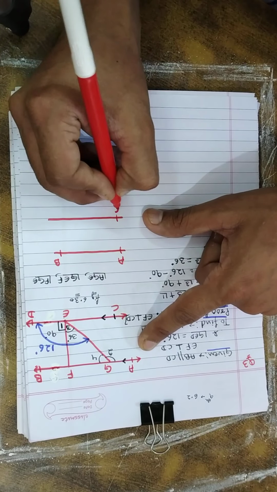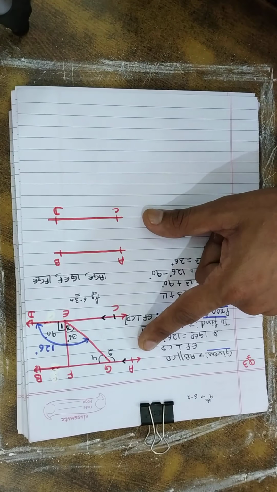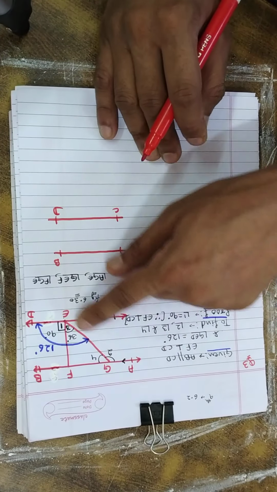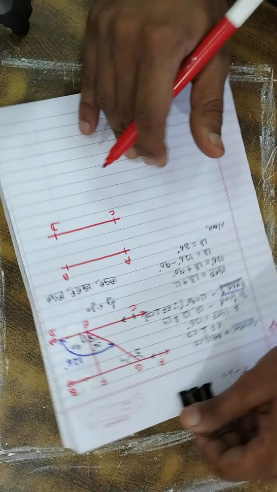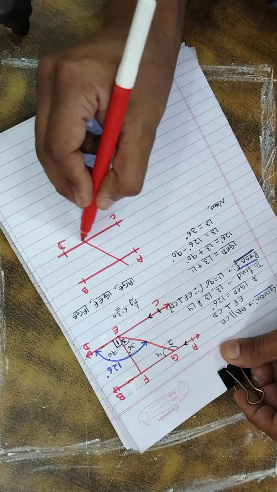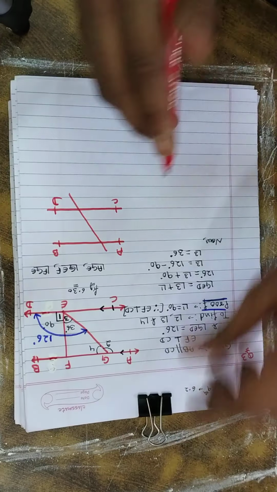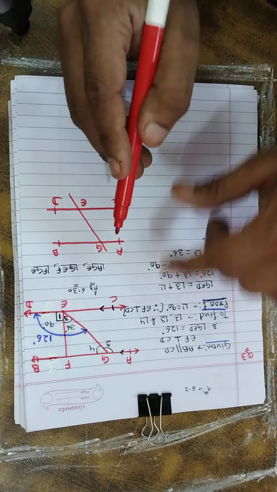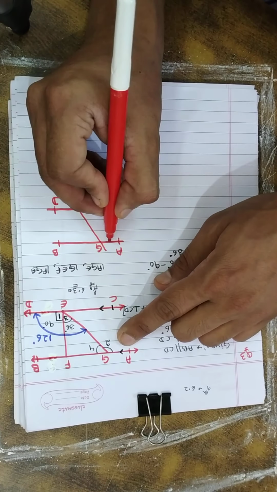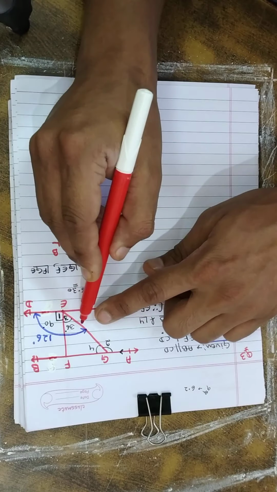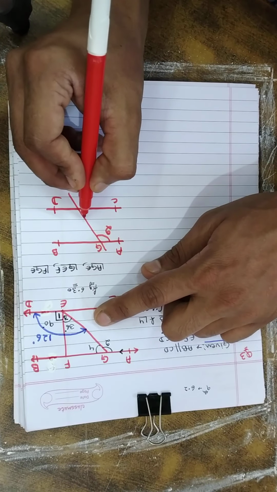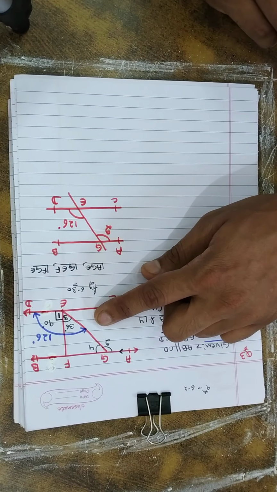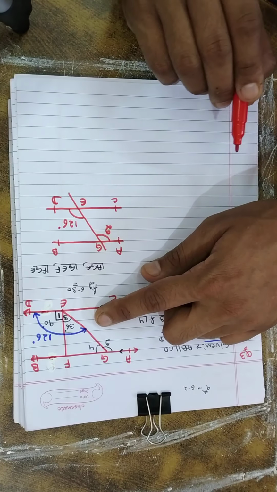Both lines are parallel to each other, and GE is a transversal line. This is angle 2, and which angle is this? That is the 126 degree angle, GED.